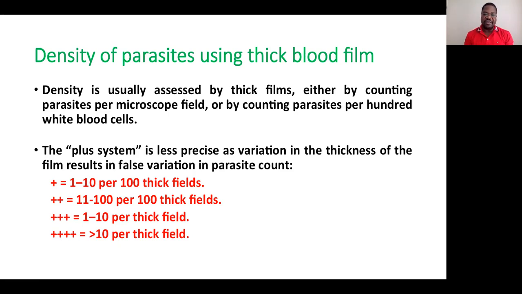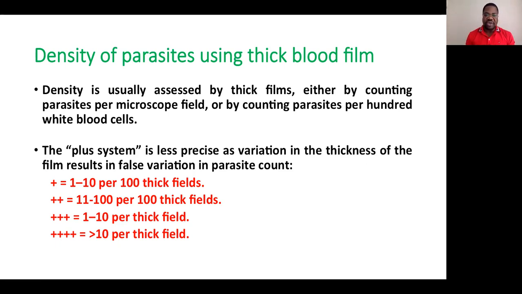So you try to count the number of parasites by microscopic field. You can also do the counting differently, but this is the commonest way to count.